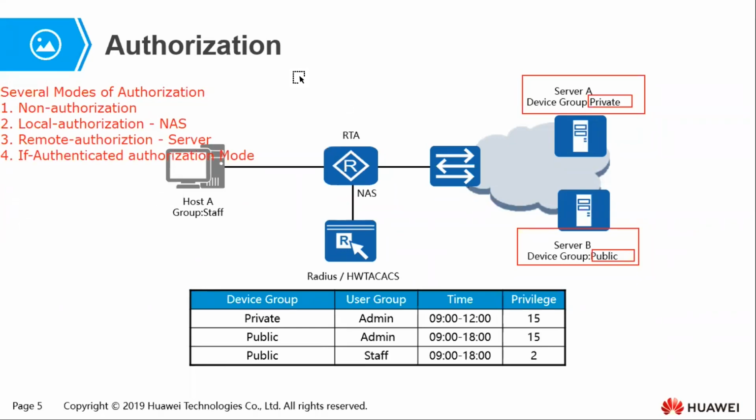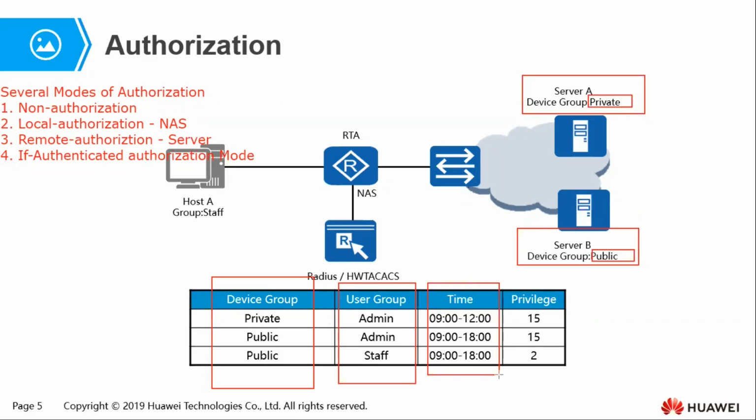Okay, so here you can see we actually create groups for different people, and we can tell the group that they are in, the user group. So we have the device group and the user group, and when they can access it.